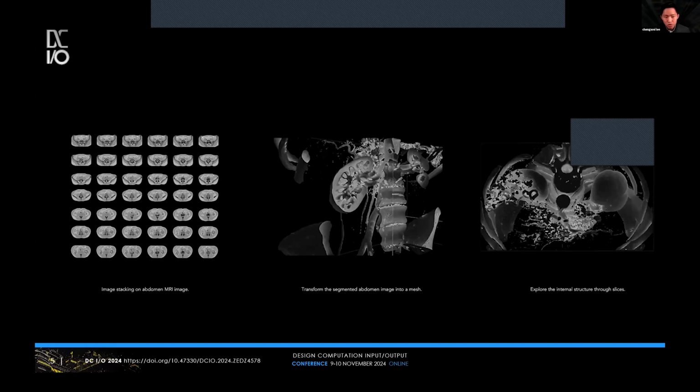I also used a stack of other MRI images, and then I cut it through the liver side of the body, and it also has a similar issue with this kind of image stacking.